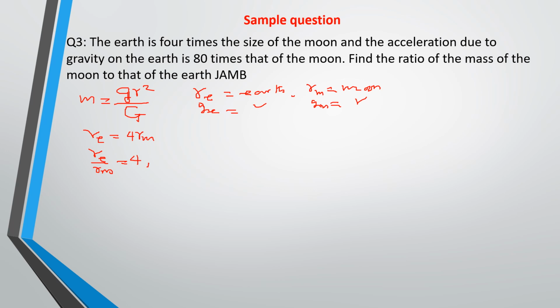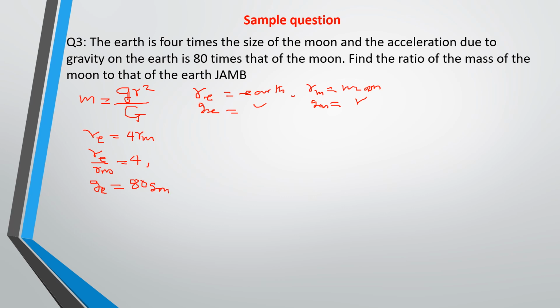So this is what we know now. They also told us that the acceleration due to gravity on the Earth is 80 times that of the Moon. So which means that GE, that of the Earth, is equal to 80 times GM of the Moon.